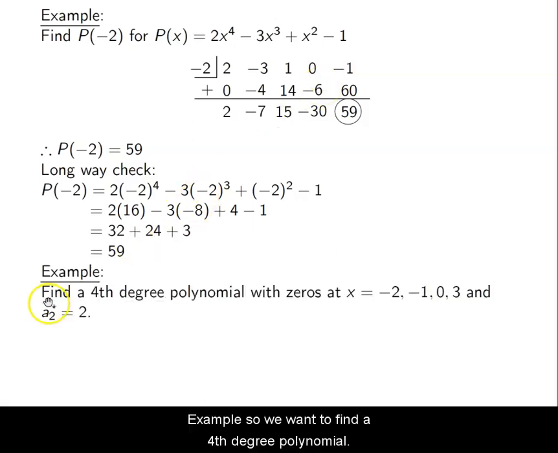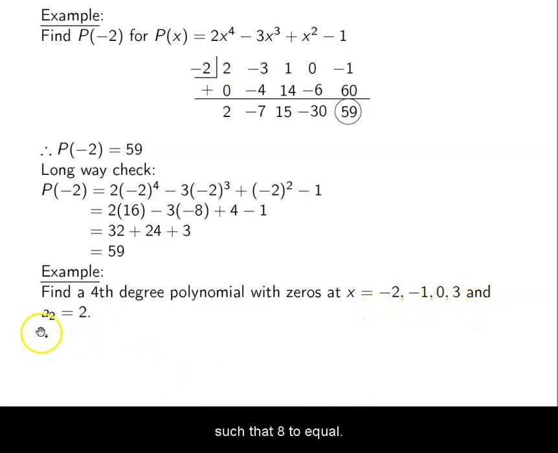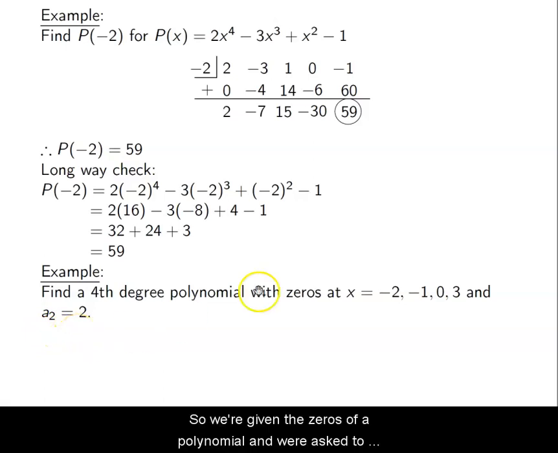All right, example. We want to find a 4th degree polynomial that has zeros at x equals -2, -1, 0, 3, and such that a2 equals 2. So we're given the zeros of our polynomial, and we're asked to adjust our polynomial so that the a2 term equals 2.